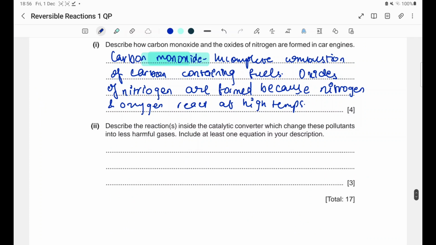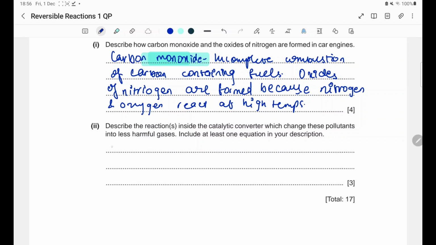Describe reactions inside the catalytic converter which change these pollutants into less harmful gases. Include at least one equation in your description. So you do not need to write a chemical equation for all the reactions.